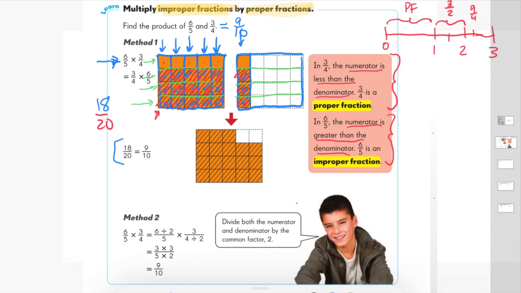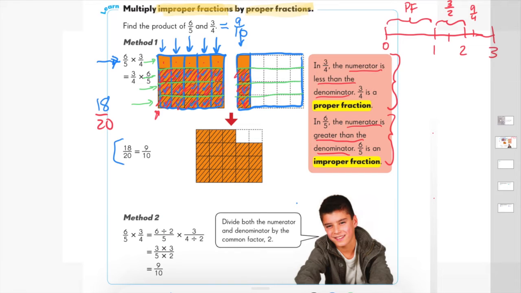Now, if we're not going to draw a model to find the product, you can just simply multiply. We know that when we multiply fractions, we multiply the numerators, we multiply the denominators, and then we simplify. We don't need to find common denominators when multiplying fractions. We only use common denominators when we add or subtract fractions. So 6/5 times 3/4.